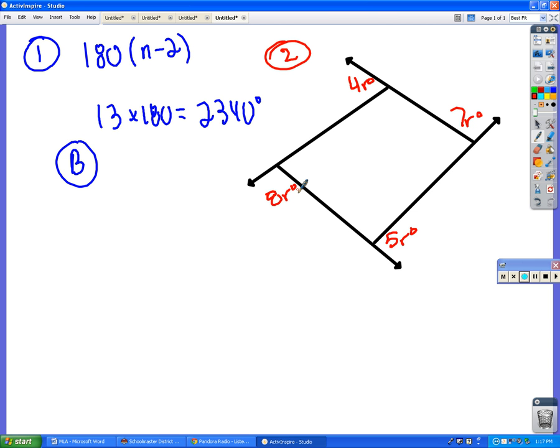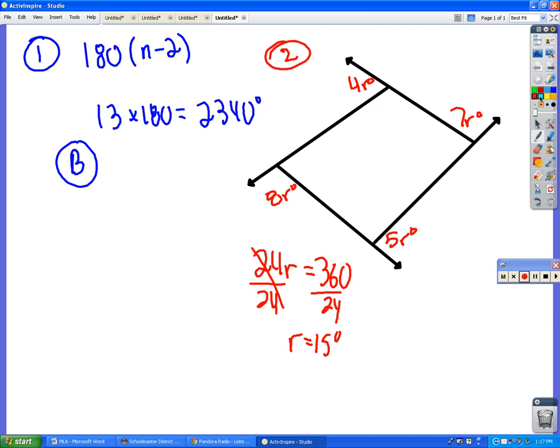So how many R's do we have all together? 24, because 8 plus 7 plus 5 plus 4 is 24. So we have a total of 24 R's. Like Alyssa said, they have to add up to 360 degrees. Divide both sides by 24. Then R equals 15 degrees. Okay? And that is a fill in the blank, so you have to come up with that one on your own.